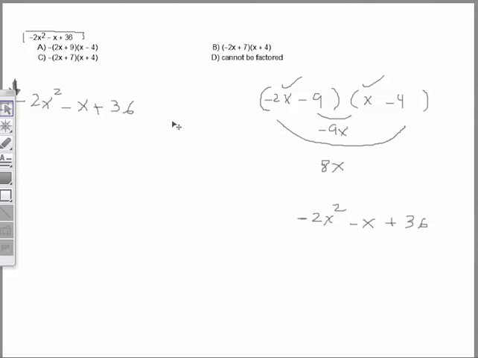If I factor a minus 1 out here, then what times minus 1 gives you this first term? That would be 2x to the power of 2. And the second term must be plus x. The last one would be minus 36. Everybody agree with that? So I keep this minus 1 out here, and I include it at the end.